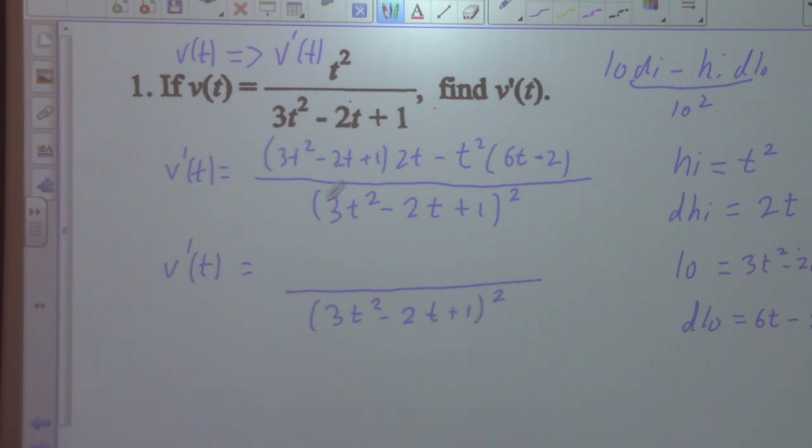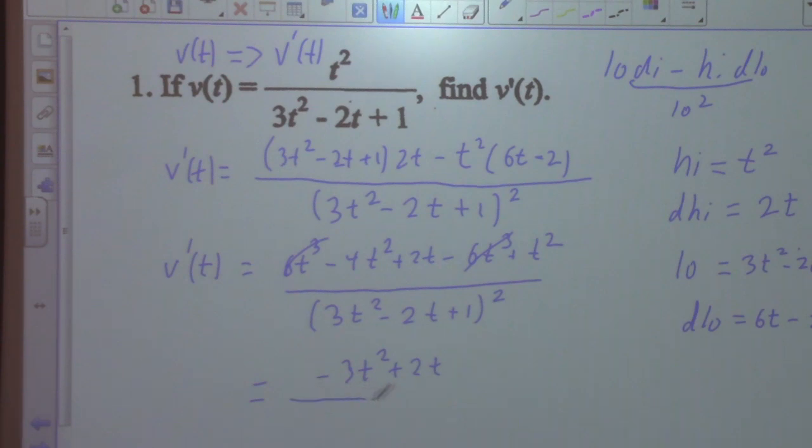So now you have 6t cubed minus 4t squared plus 2t, and then you have minus 6t cubed, and then plus t squared, and then this will go away here. And so you're going to be left with negative 3t squared, because negative 4 plus 1, plus 2t.